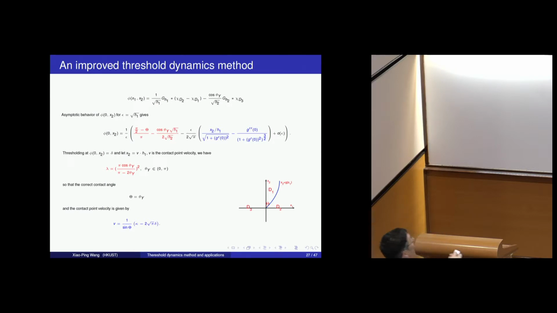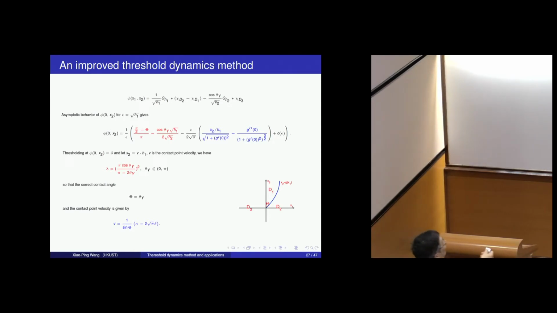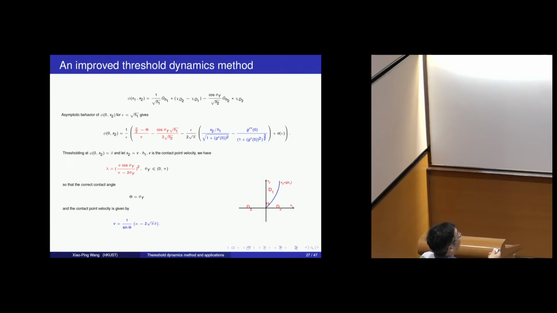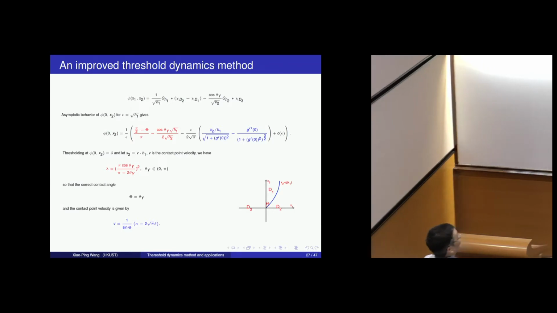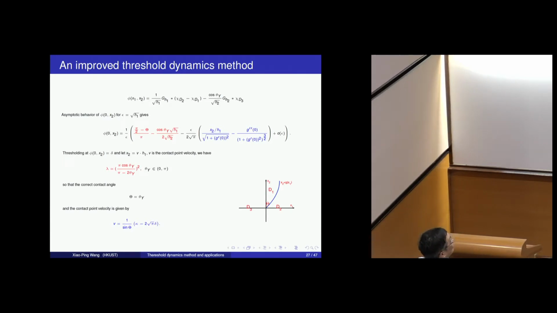Therefore you look at the asymptotic behavior of this function at x1 equal to 0, which is the point here. Then you do the asymptotics as h goes to 0, where you assume h2 is lambda h1.